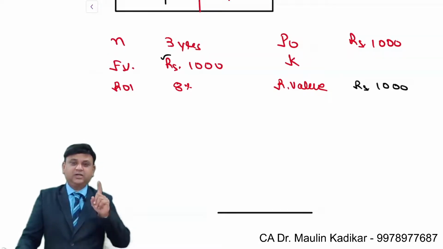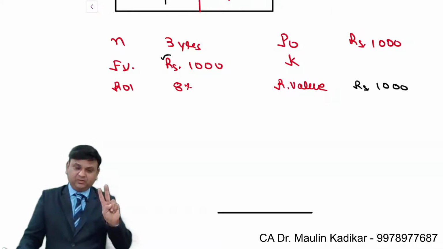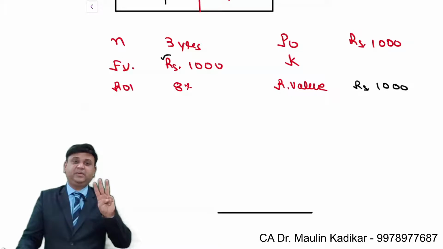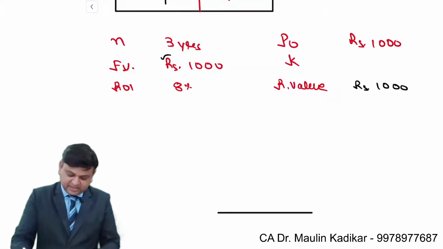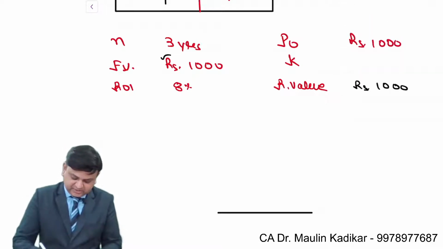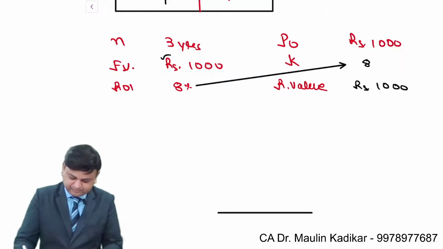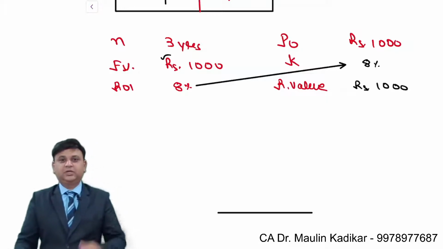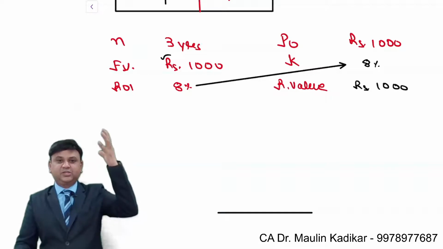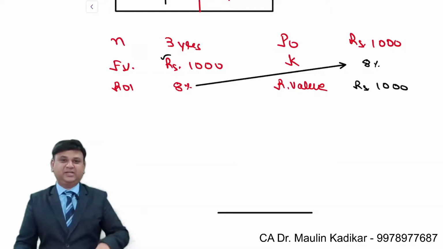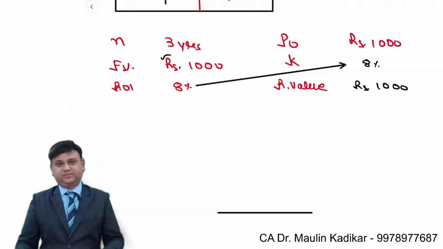If the redemption value is equal to the face value, and the current market price is equal to the face value, then the return to the investor will be equal to the rate of interest. It means right now the return to the investor must be 8%. So from 8% it reduces to 6%. In that case the price of the security will go up. That is what we understand.